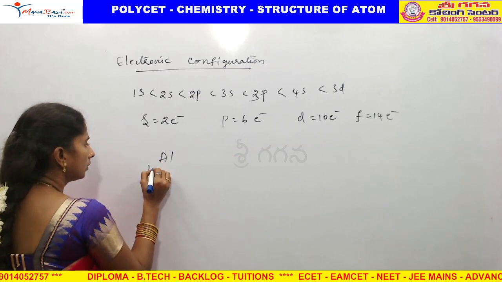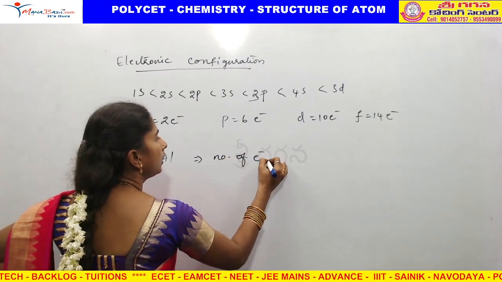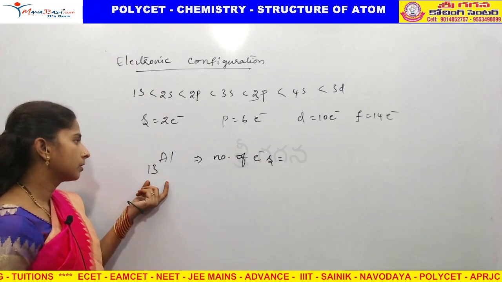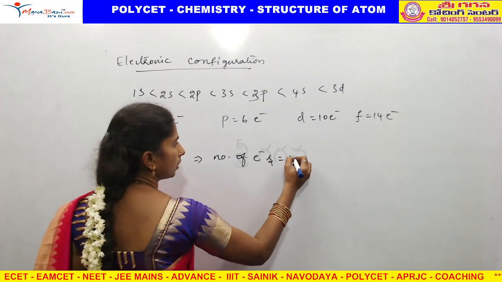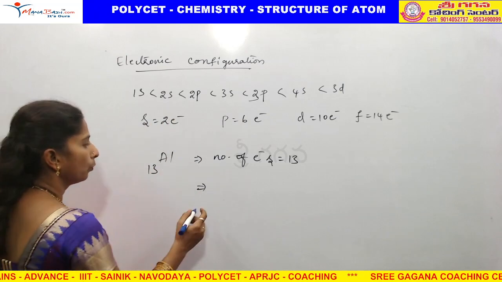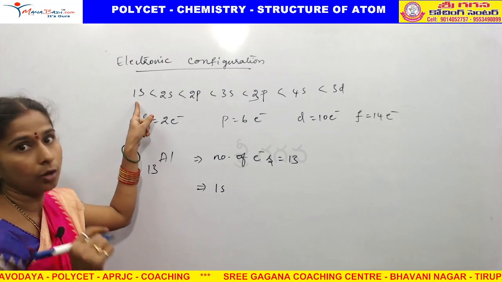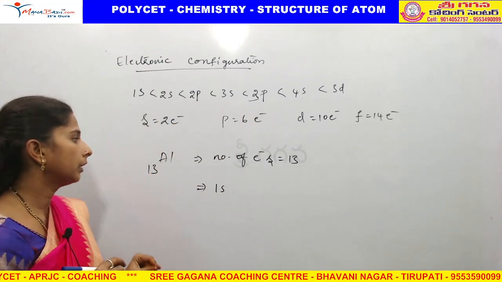Now, take aluminium, atomic number 13. The number of electrons equals the atomic number, so 13. How do we arrange the electrons in the orbitals? First 1s, they go for the lower energy level first according to the above principle, then the higher energy.